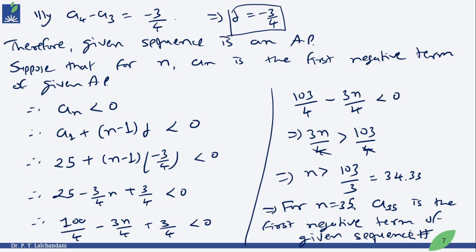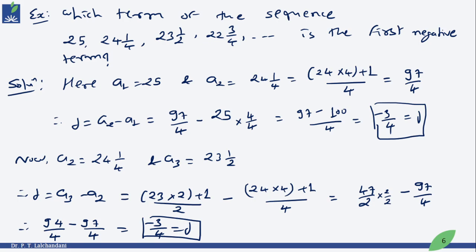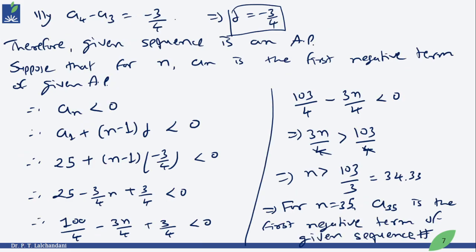Again, we have used just the formula to find the nth term of an arithmetic progression. But to reach there, first we verify that the given sequence is an arithmetic progression, and then we use the formula to find the nth term. We use the fact that a_n must be less than 0, and we simplify.